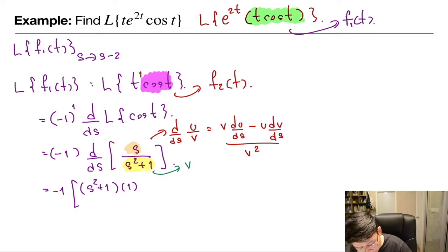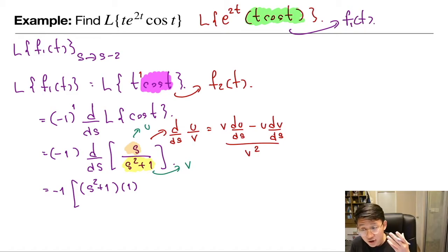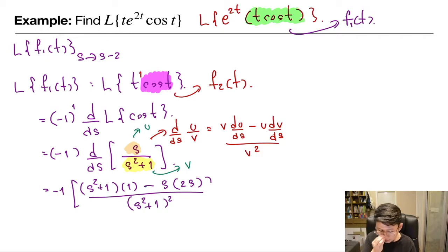Okay, so it's v du, and du by ds is actually ds by ds, which is 1. Minus high, which is s, d low is 2s divided by low squared, which is that one.